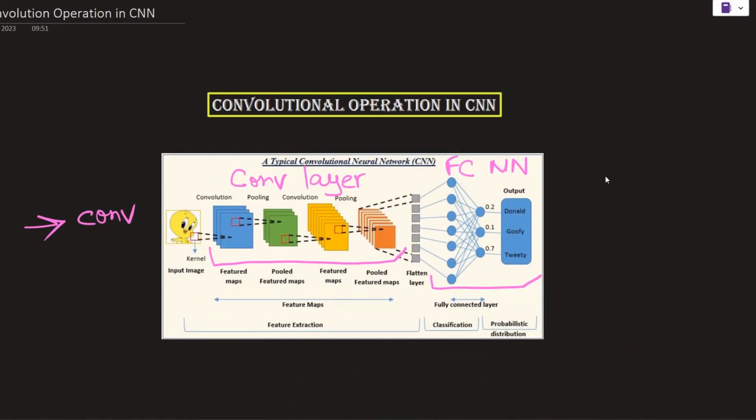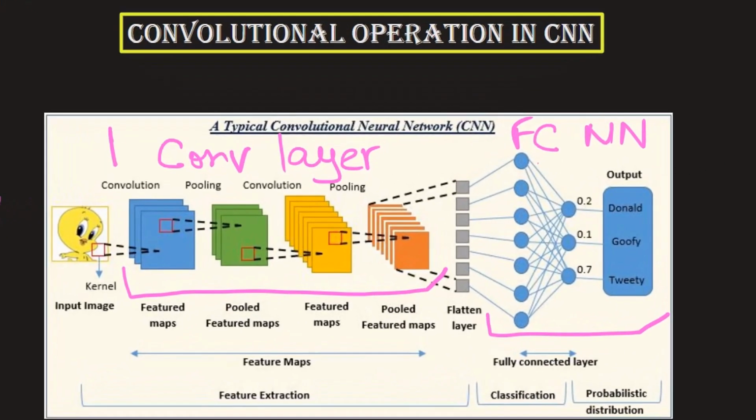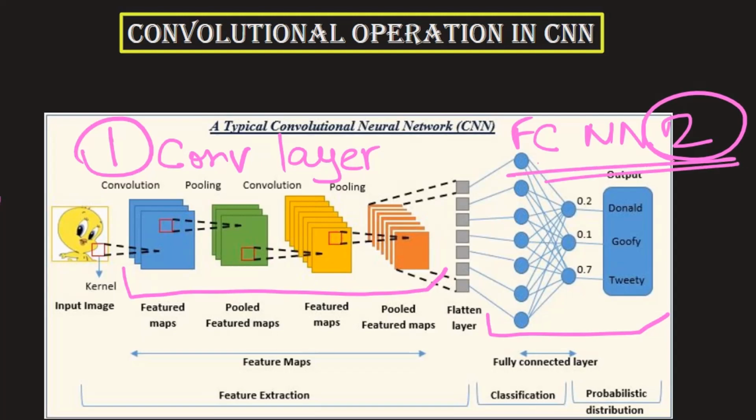So we started this lecture by dividing the entire CNN architecture in two parts. First was convolutional layer. Second was the fully connected layer. The fully connected layer is something that we are already aware of, going by the concepts of artificial neural network. And within the convolutional layer, we have two types of operation. First is convolution, that we have already understood within this lecture.